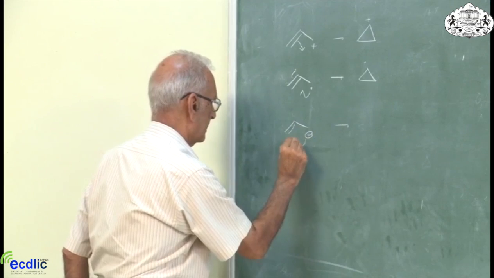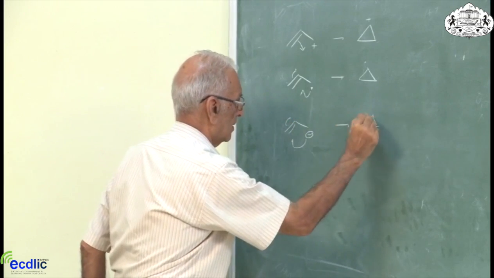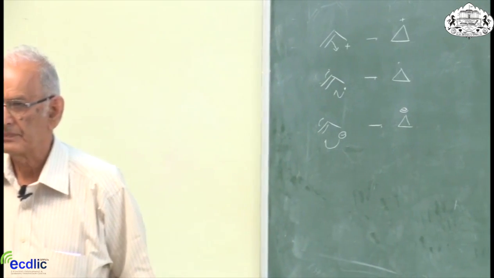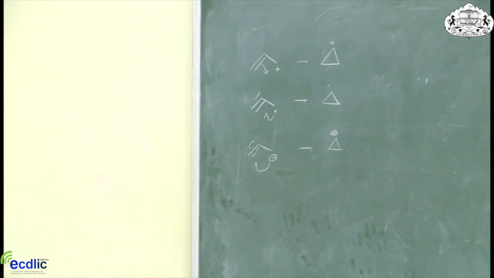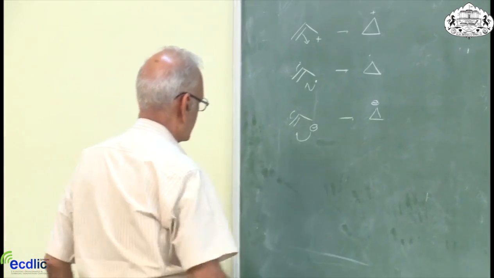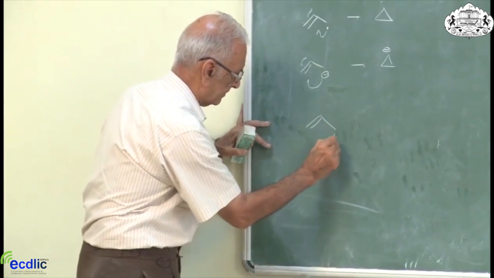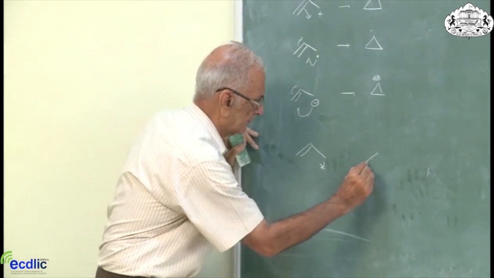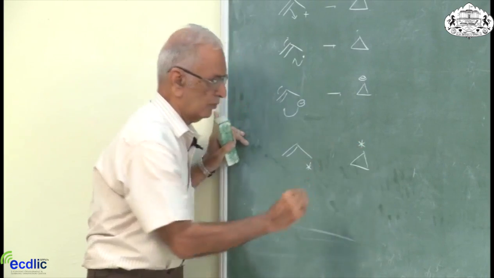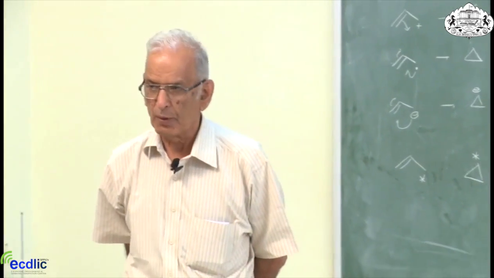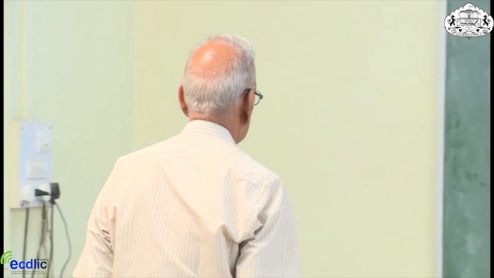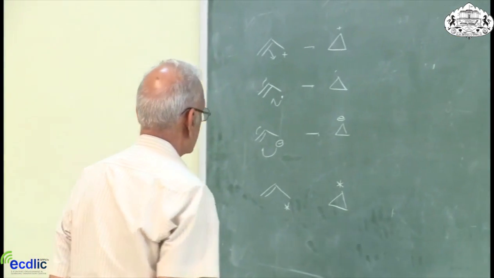Allyl anion going to cyclopropyl anion. Or I can put this whole thing very easily, allyl system going to cyclopropyl system. All right. So, we want to analyze this picture.